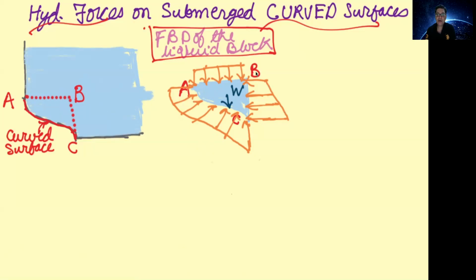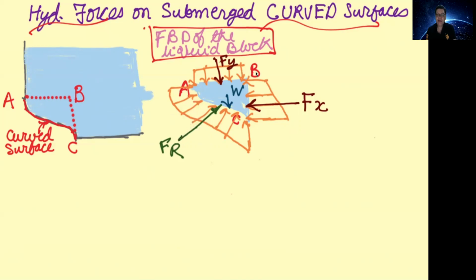And when we apply the force balance, we basically apply it component by component. So let me first show you the net force on AB, BC and AC. This is the net pressure force on BC, which is shown as Fx. The net pressure force on AB is shown as Fy, and the net pressure force on this curved surface is Fr.